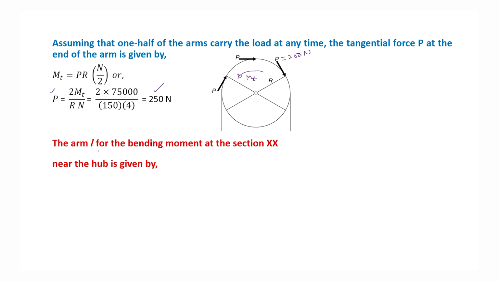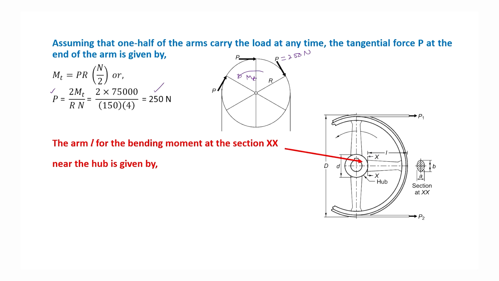The arm length L for the bending moment at the section XX near the hub is given by capital D divided by 2 minus small d divided by 2, where small d is the hub diameter.